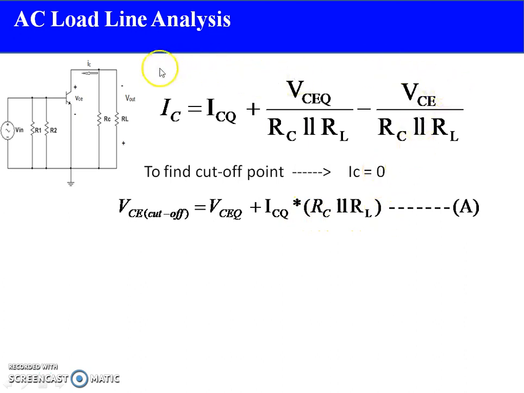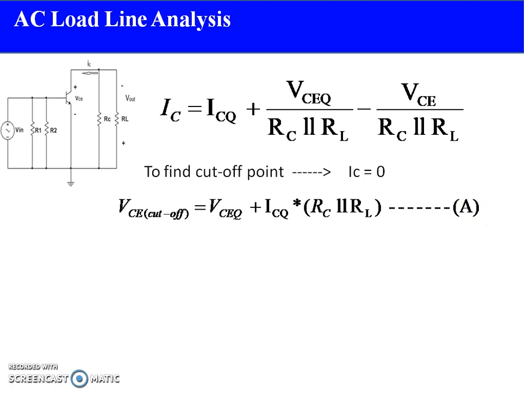So in the above expression, if you keep IC equal to 0, you can derive the VCE component, and that is nothing but your VCE cutoff value, which can be expressed by VCEQ plus ICQ times rc parallel RL. So this point A, capital A, is the cutoff point for the AC load line.